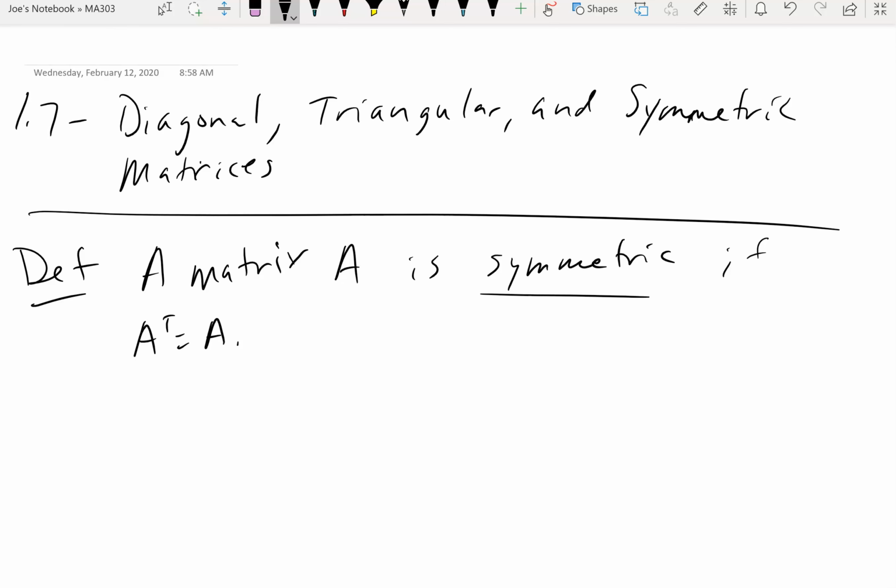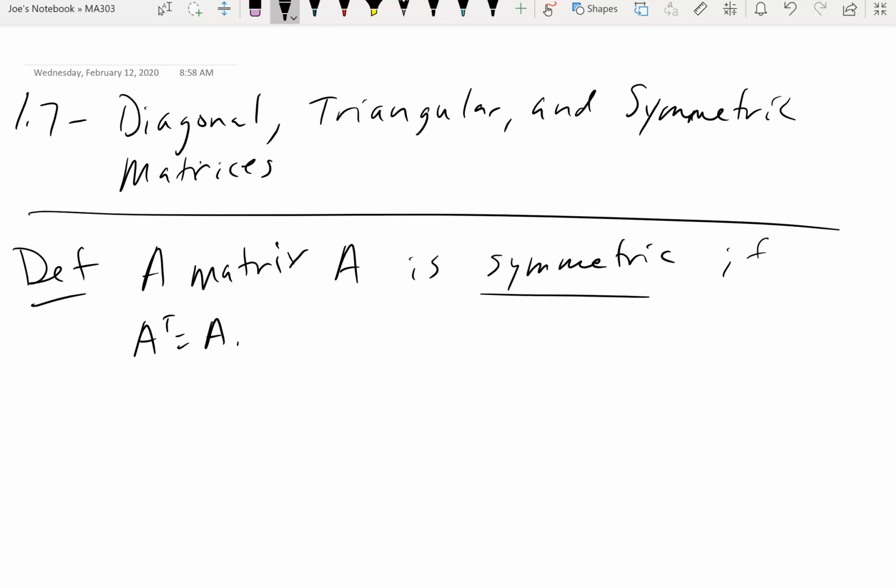To have any hope of equaling its own transpose, it's going to have to be a square matrix, right? Now, in the books, it usually says square in here. Requiring it to be square ahead of time is kind of superfluous. This is going to require it to be square just by a size argument.